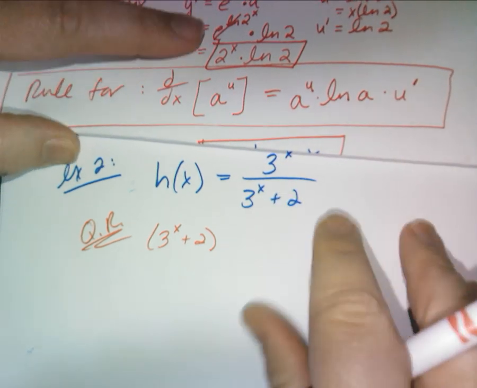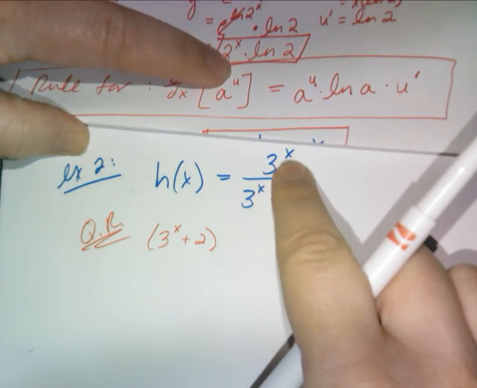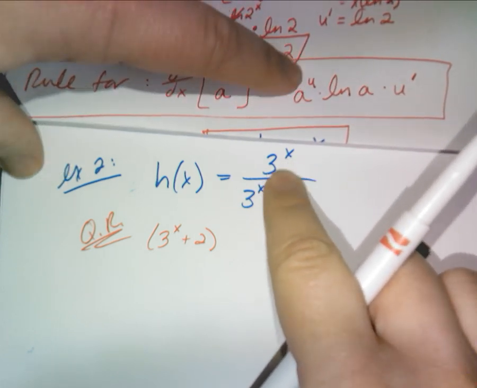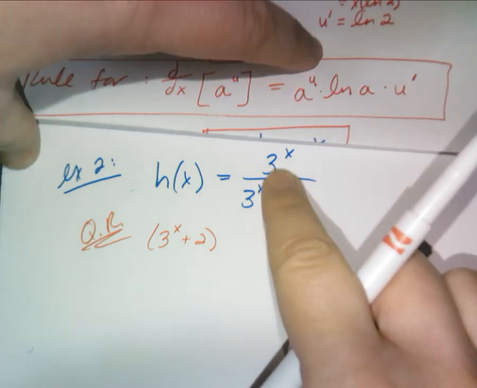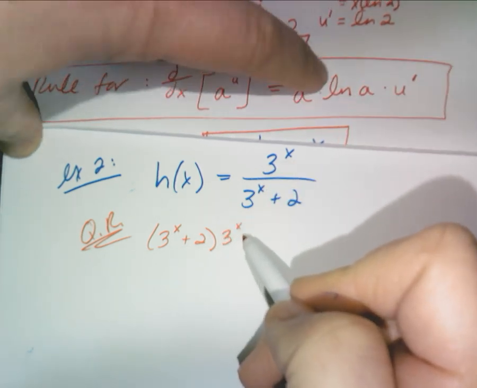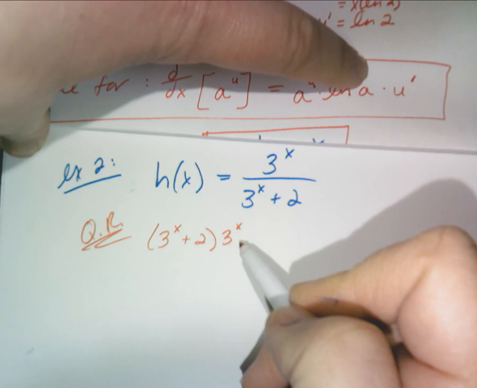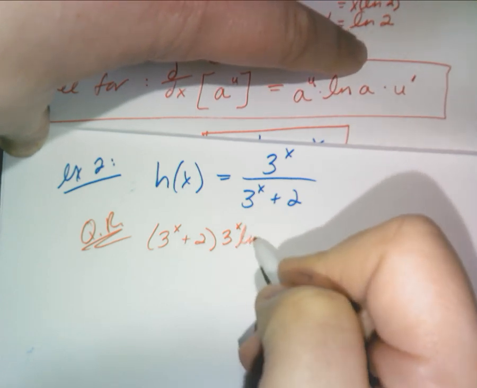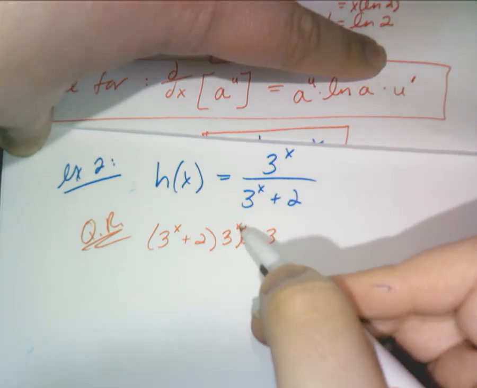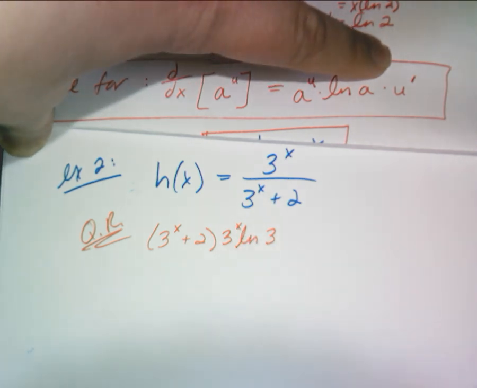This is an a to the u. The derivative of that would be a to the u times the ln of a. So 3 to the x times the ln of 3 times the chain. The chain of x is 1, so I don't have to attach it.